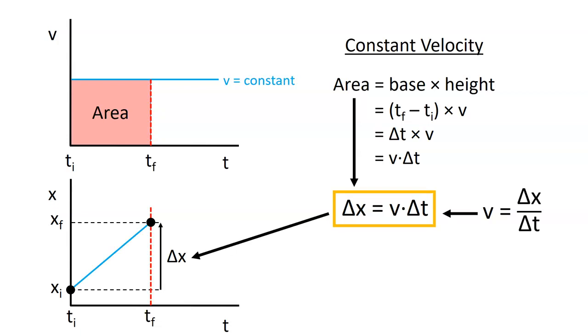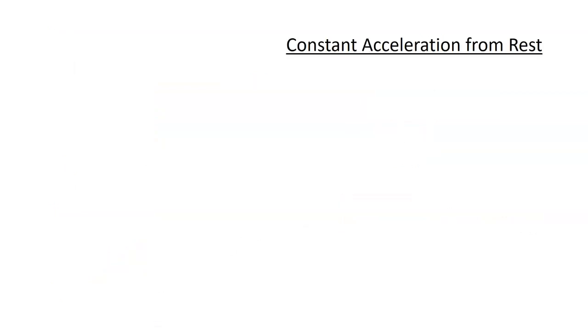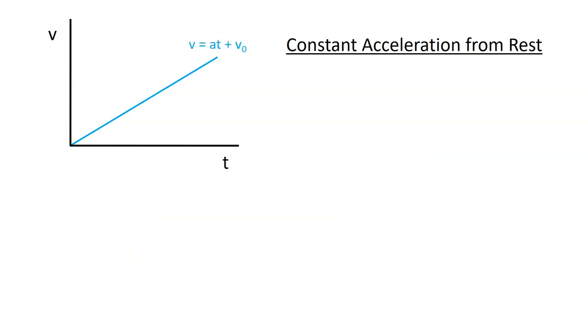So we did that back in the constant velocity part, but now I want to show that for changing velocity. We'll start with just constant acceleration from rest. This is a linear model, and that's the equation we've been using. Since it's from rest, this v naught, or initial velocity term, would be 0, and then we just have v final equals at.